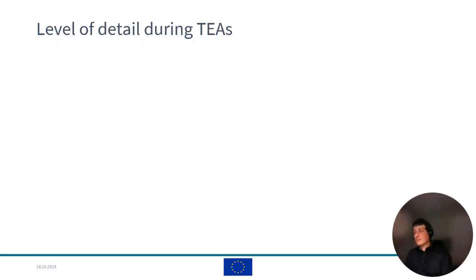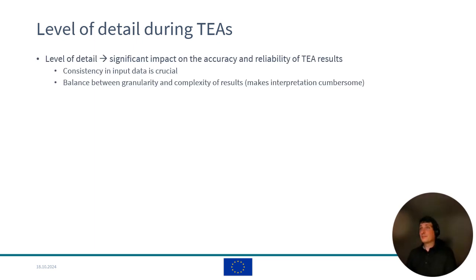Okay, so that's the last one of these more dry, more theoretical ones. But if you ask me, a very important one is the level of detail for this techno-economic analysis. Why? Because typically you don't have all your input data in the same granularity.